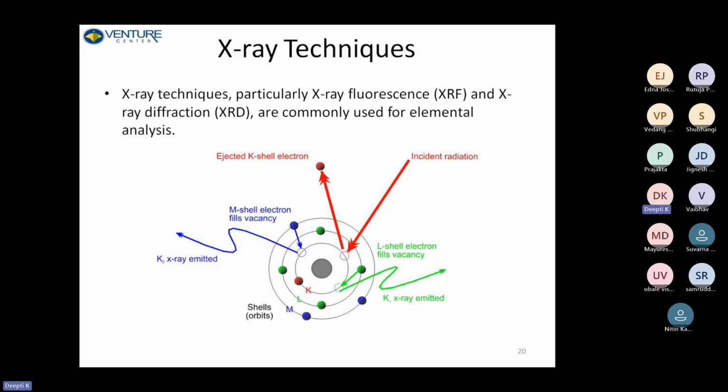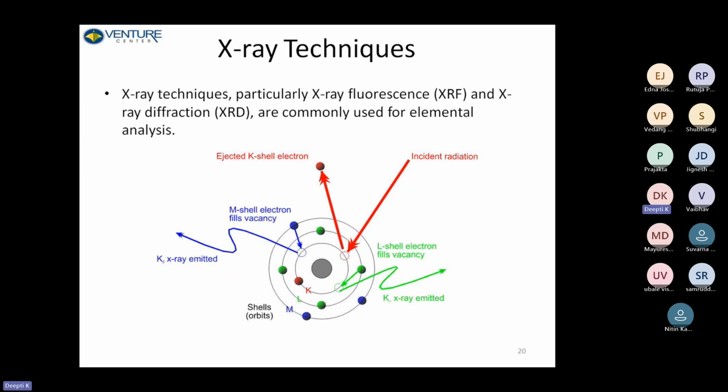Of course, it's a very old technique. It is a time-tested and trusted technique. It has been regulatory approved, but it also has certain limitations in terms of the range as well as the sensitivity that it offers. However, for certain applications, X-ray techniques are very popularly used. When I say X-ray techniques, it includes both XRF as well as XRD.